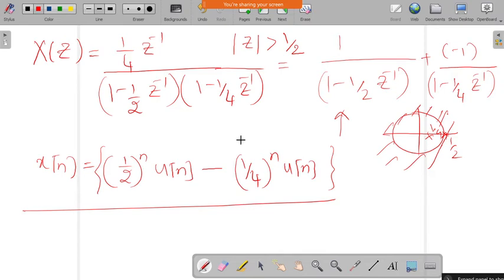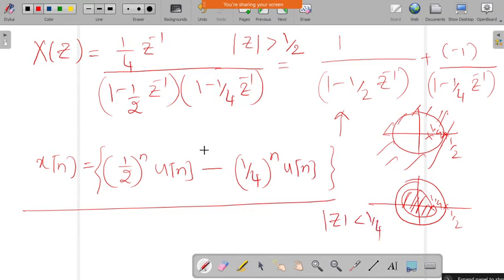Now if I change the ROC, the problem will change. If I take the ROC inside, Z less than 1 by 4, with 1 by 4 here and 1 by 2 here, then the problem will change.